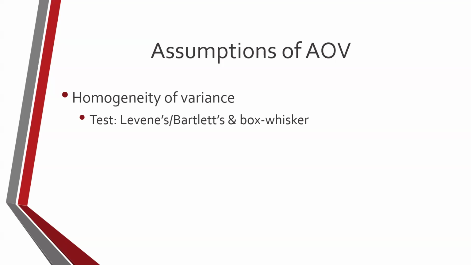To determine if this is the case, we could look at a box-whisker graph and run a statistical test for homogeneity of variance. Levene's test is generally chosen, but we also have Bartlett's available in ARM too.